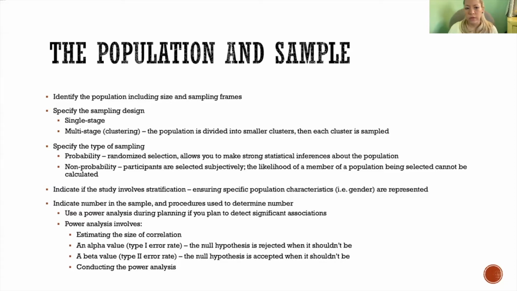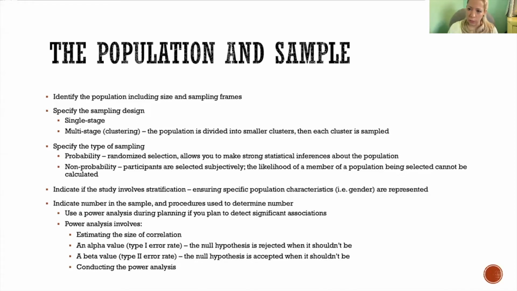You need to specify the sampling design. So is it a single stage, a simple sample, or is it multi-stage, also called clustering, where you might take the population within your sampling frame and divide it into smaller groups and then draw a sample from each smaller group.